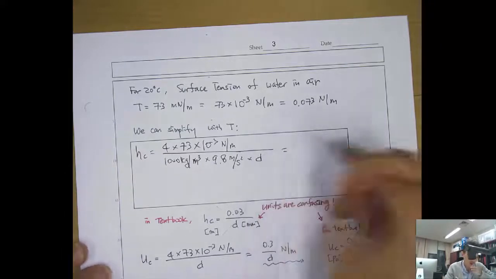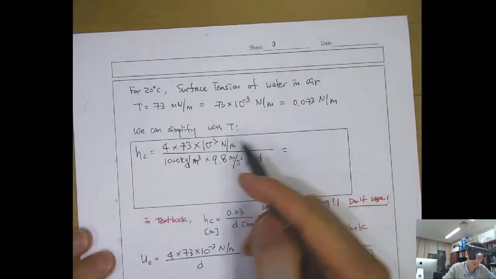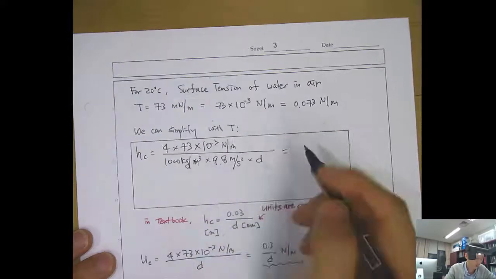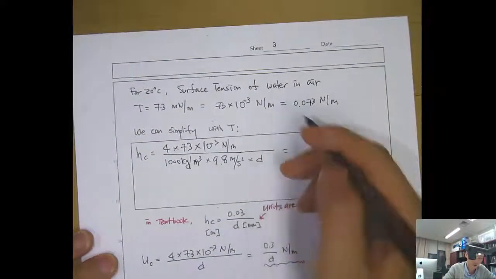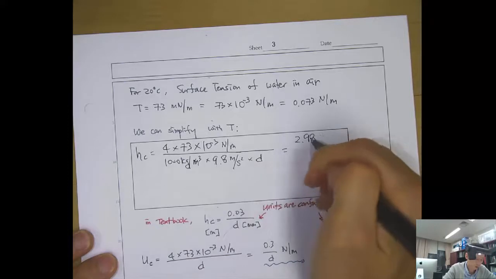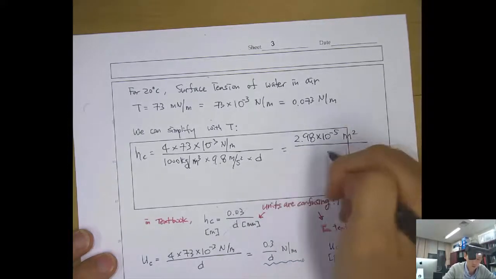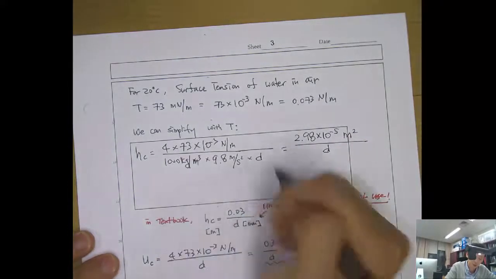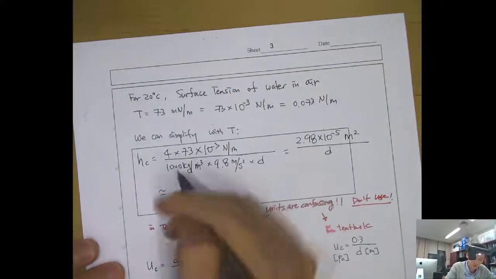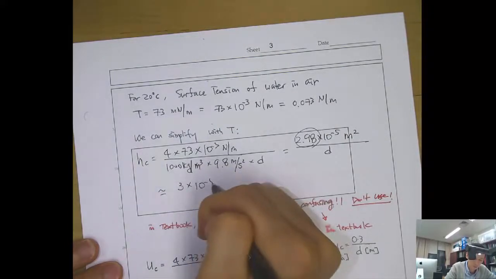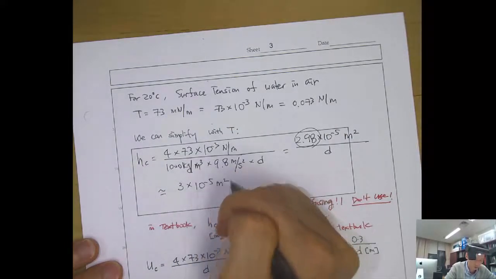So then if you compute this one, this is Newton, so Newton will cancel out. 2.98 times 10 to the negative 5 meter squared over d. So then you can just approximate, this becomes 3 times 10 to the negative 5 meter squared over d.